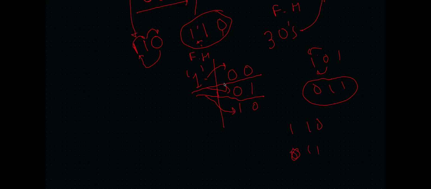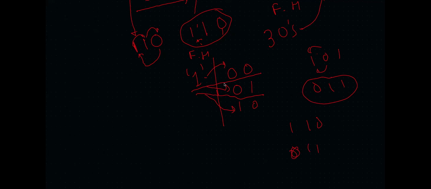So did you get what I'm trying to say? What I'm trying to say is that you choose a 1 from the first half, then any random index. Trust me, it doesn't matter.